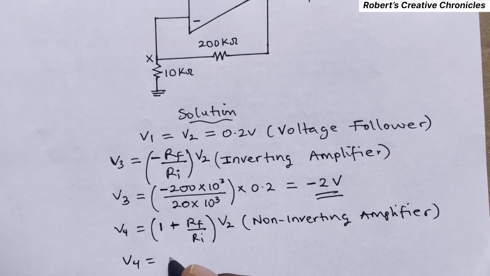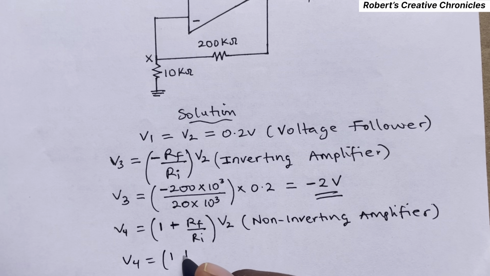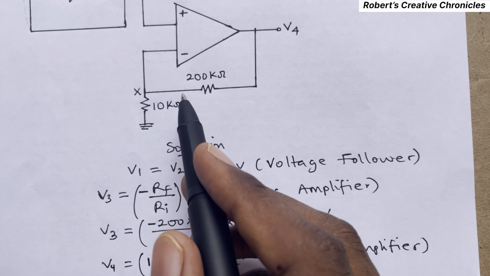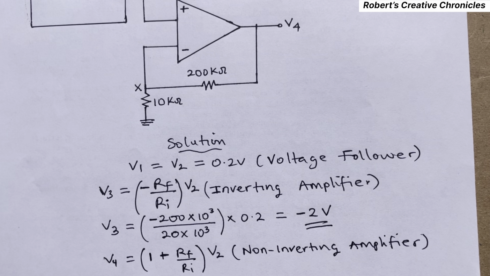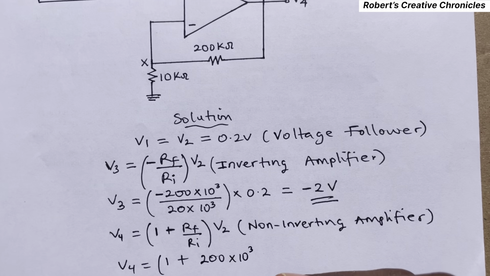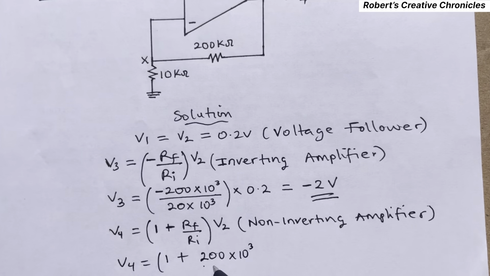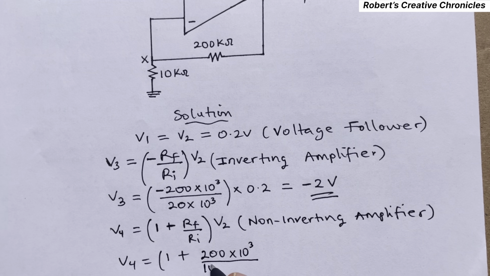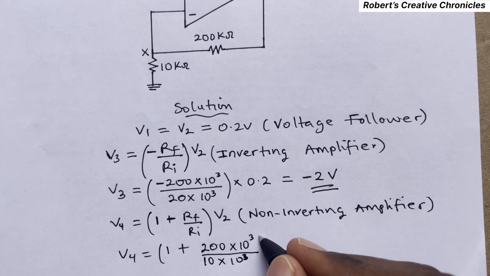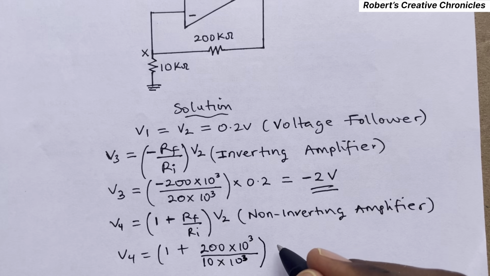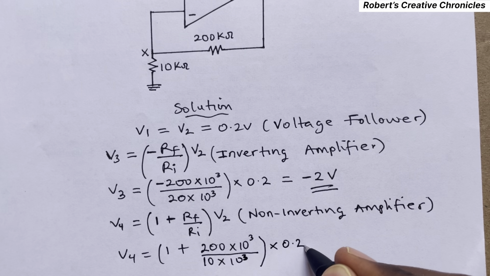So V4 is equal to 1 plus Rf, which is 200 times 10 raised to the power of 3 because of the kilo, divided by 10 times 10 raised to the power of 3, times 0.2.